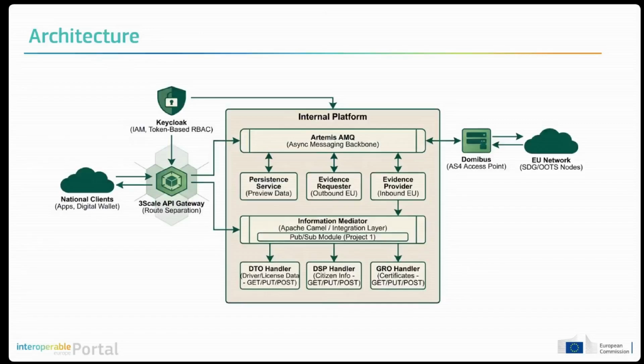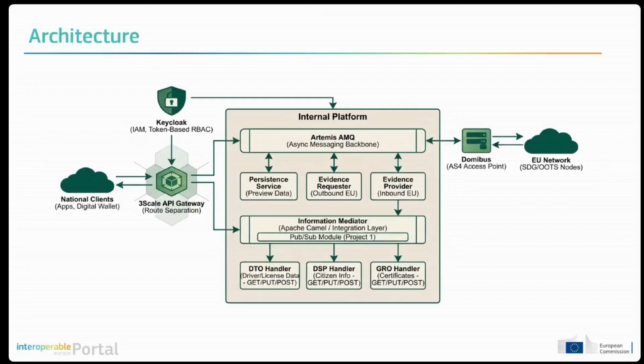So that's the flow that represents what I just shared. If you take a look, we have these national clients, applications, and a digital wallet. There will be a slide specifically for that. We use TrueScale as an API gateway, so it accesses these internal components.